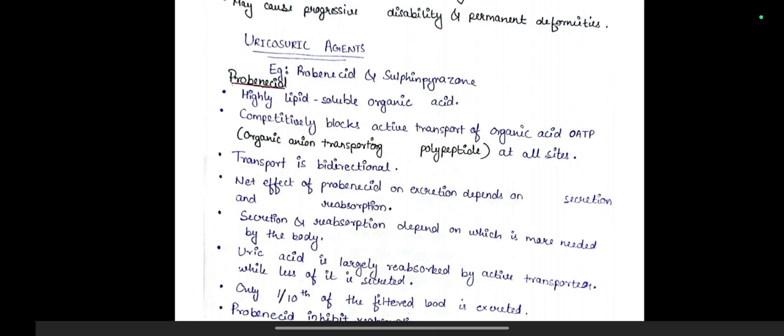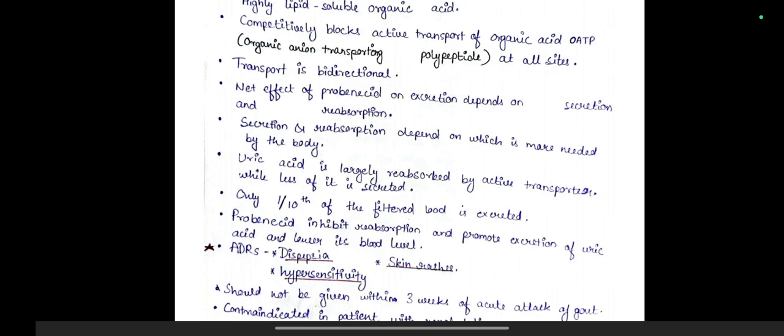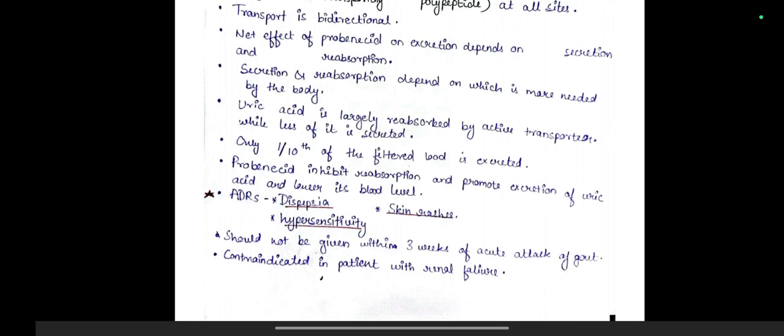The net effect of probenecid on excretion depends on secretion and reabsorption, which depend on what is more needed by the body. Uric acid is largely reabsorbed by active transporter while less of it is secreted. Only 1/10 of the filtered load is excreted. Probenecid inhibits reabsorption and promotes excretion of uric acid and lowers its blood level.